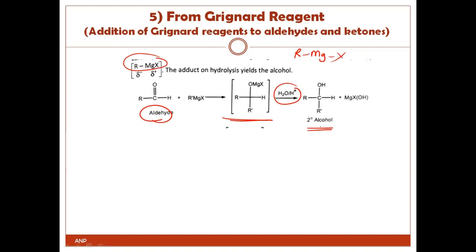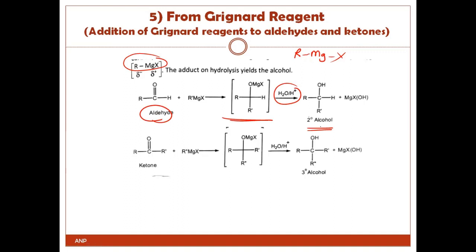Similarly, ketone reacts with Grignard reagent RMgX, gives addition product which undergoes hydrolysis and gives the corresponding alcohol. When aldehyde reacts with Grignard reagent, you will get secondary alcohol, and when ketone reacts with Grignard reagent, you will get tertiary alcohol.